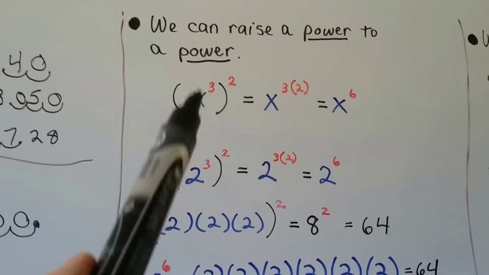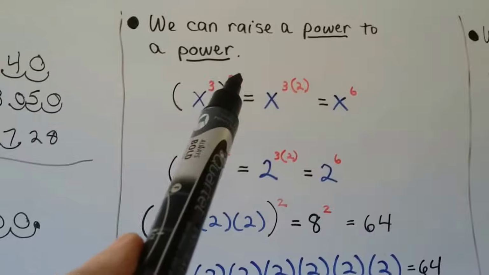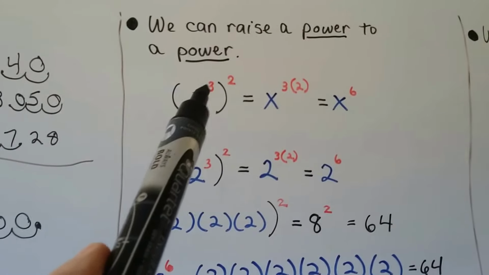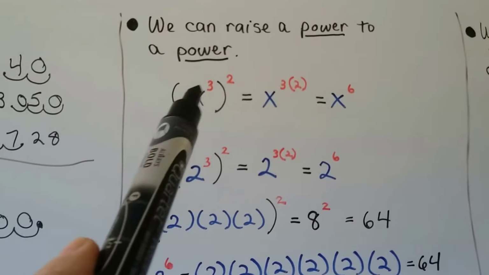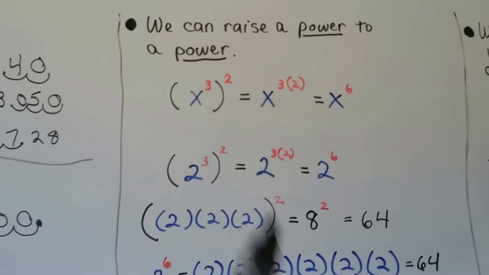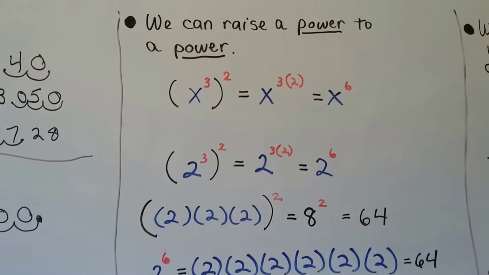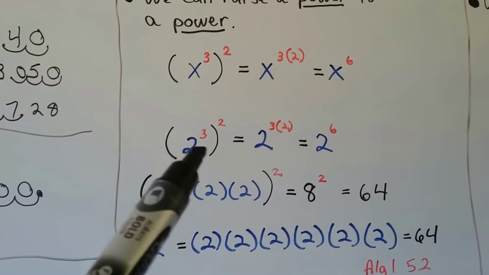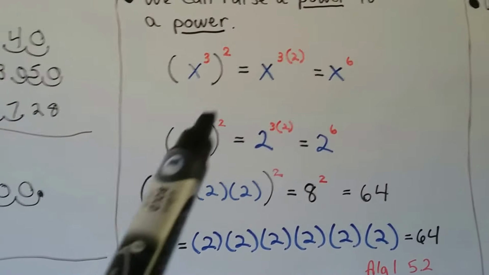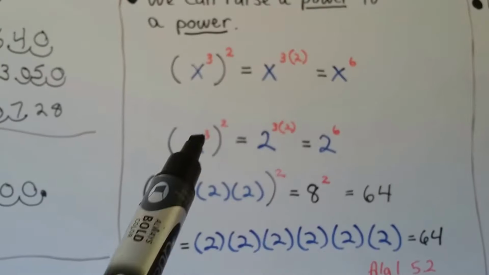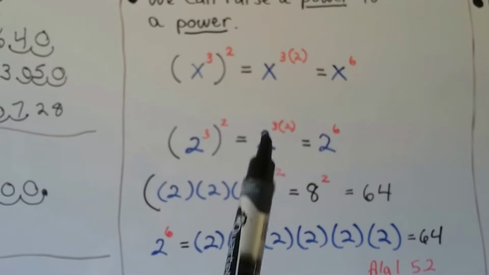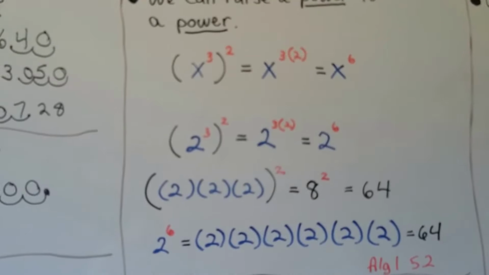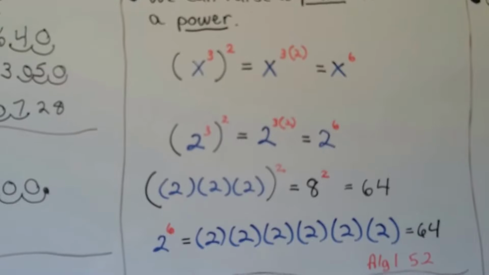But when we've got an exponent on the outside of parentheses and an exponent on the inside, we can just multiply those. 3 times 2 would be x to the 6th. See that? If it was 2 to the 3rd, and that was squared, it was raised to a higher power, then we would do the 3 times 2, and we would get 2 to the 6th.